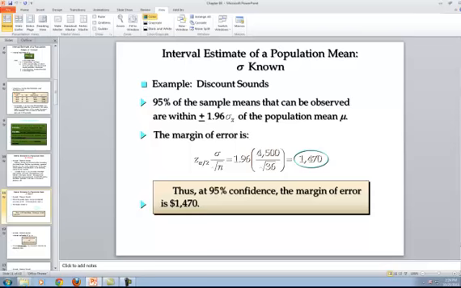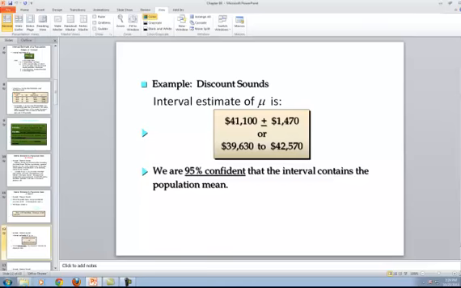Hence, we can be 95% confident that the true population mean will be plus or minus 1,470 compared to the sample mean. Or more specifically, we can be 95% confident, given that the sample mean is 41,100, that the population mean will be between 39,630 and 42,570.